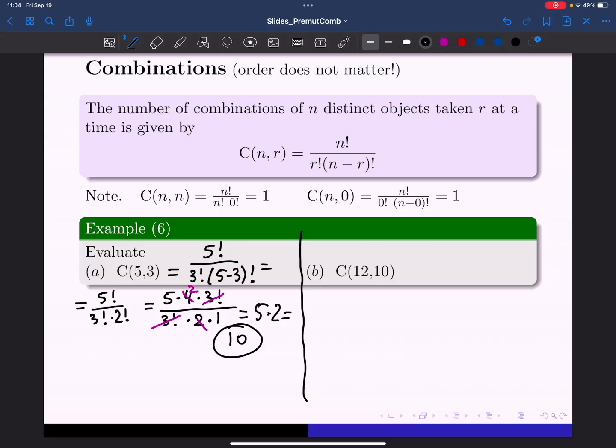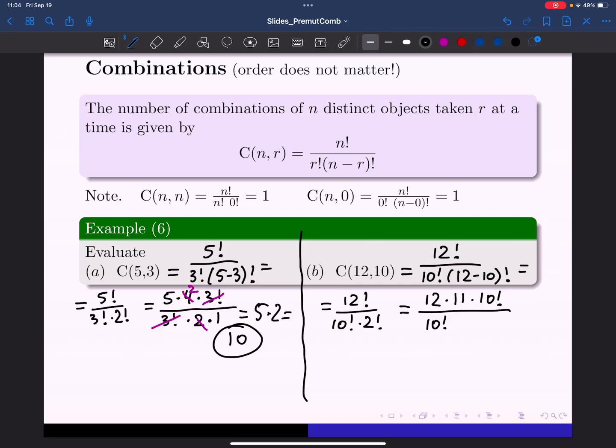For part B, the same. We're going to have 12 factorial over 10 factorial times 12 minus 10 factorial. That gives me 12 factorial over 10 factorial times 2 factorial. So this is 12 times 11 times 10 factorial over 10 factorial times 2 times 1.